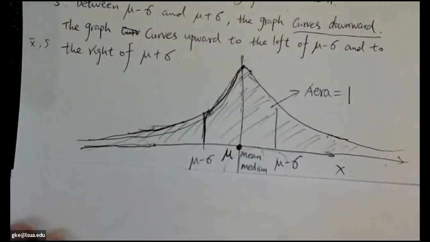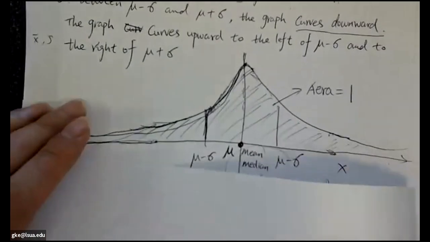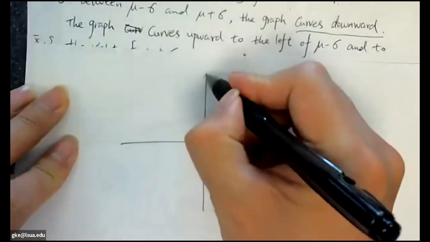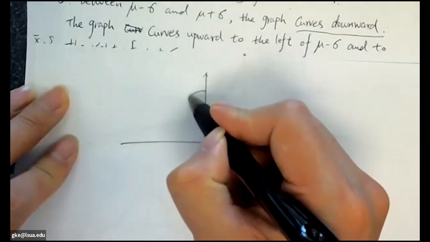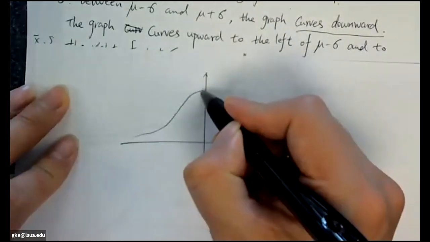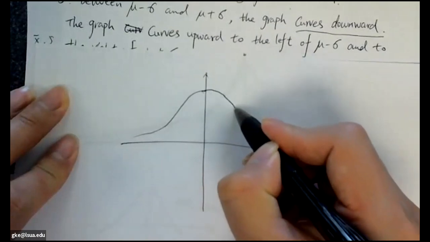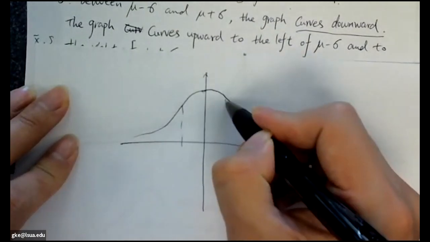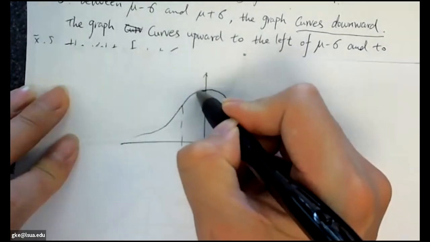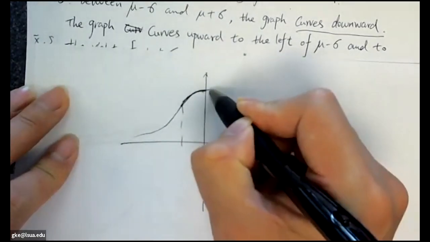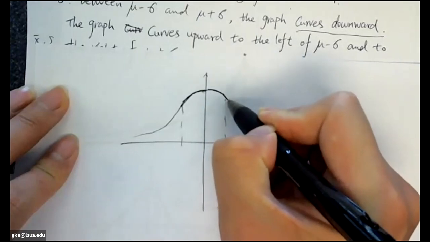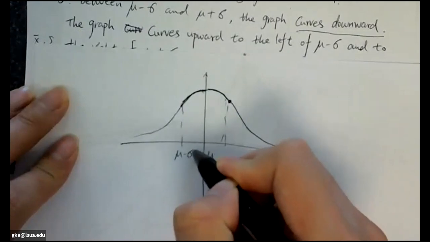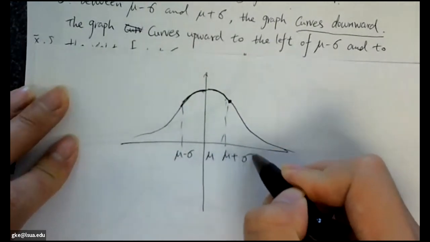So it's here. Here's mu minus sigma, mu plus sigma.